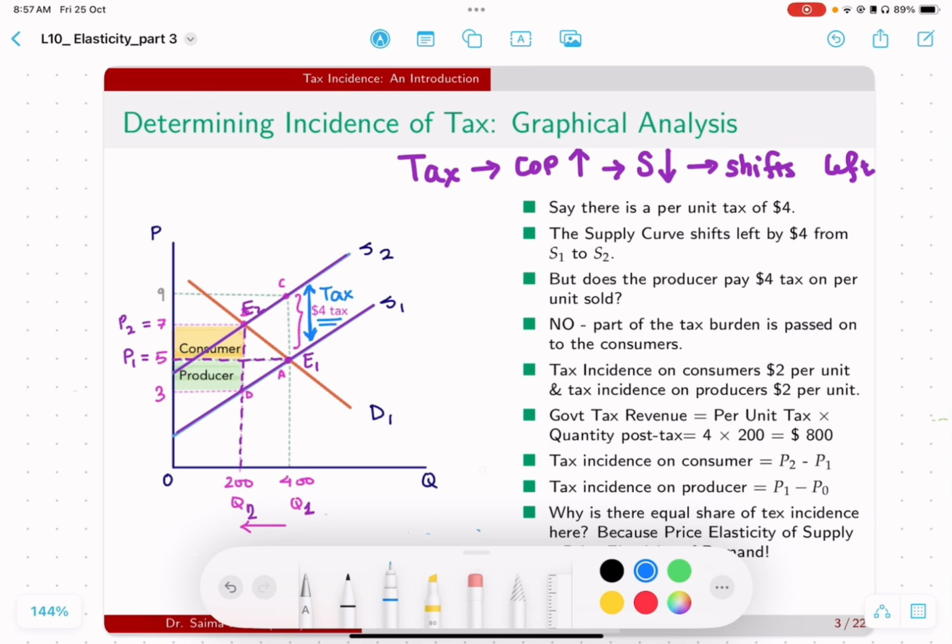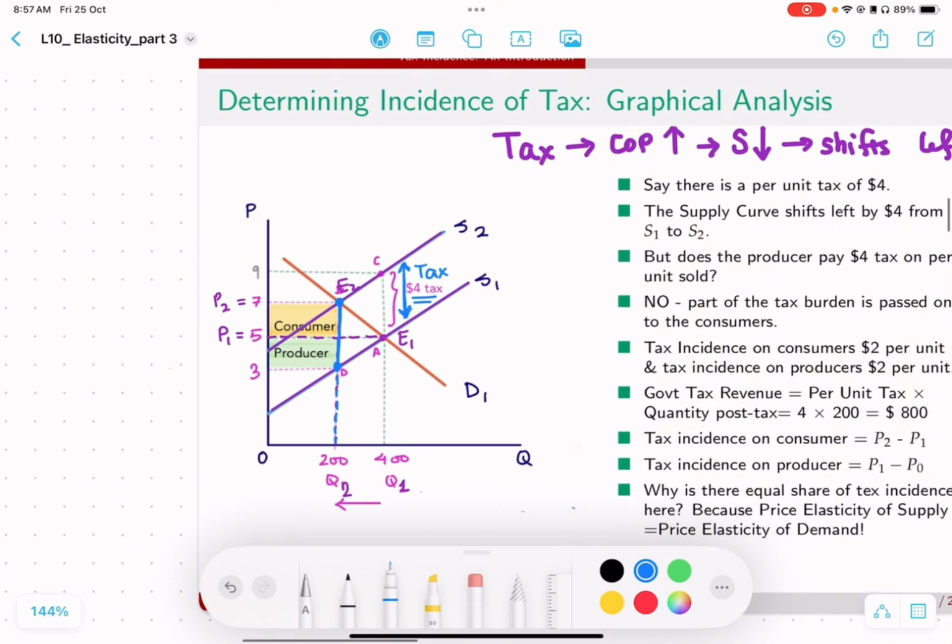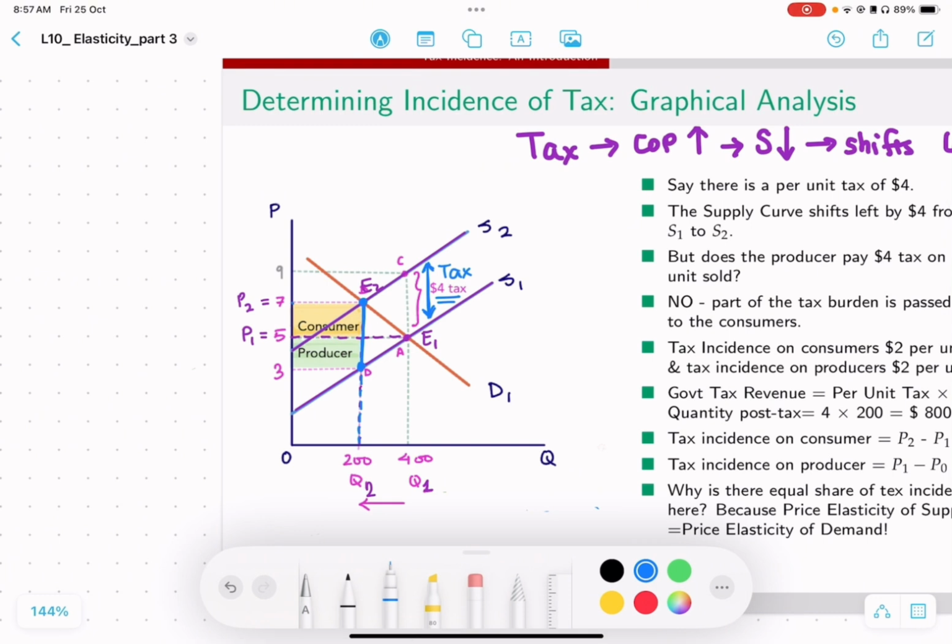If you're looking at this diagram, this is the new equilibrium E2. If you were to draw vertically downwards to the old supply curve, this vertical distance is $4, the tax. And this new quantity is the equilibrium quantity now. What is the tax revenue that the government gets? It's going to be this whole region.